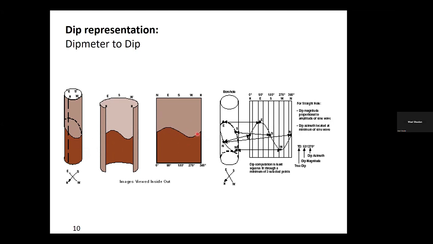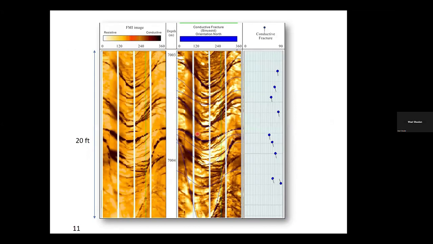To make it simpler, these are examples of fractures. Usually when you see fractures in the outcrop, you will have something like this, and then when we cross it in the borehole, you will start to see what we see here, like a sine wave.